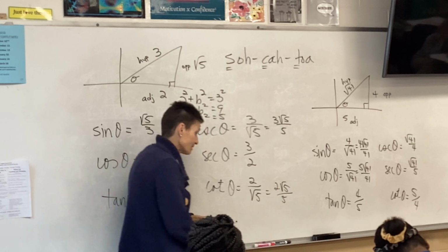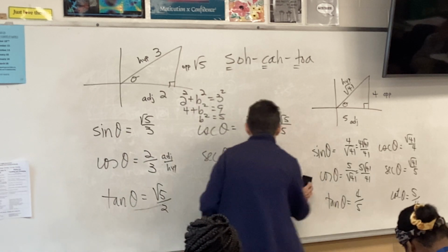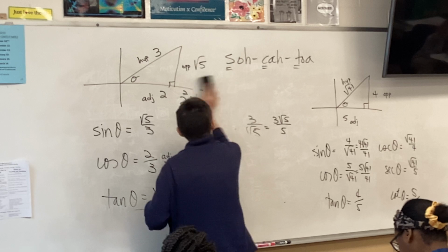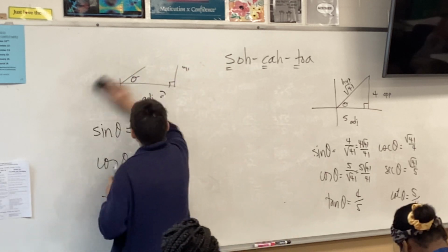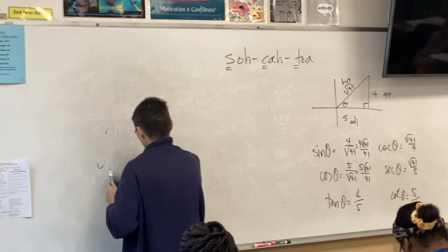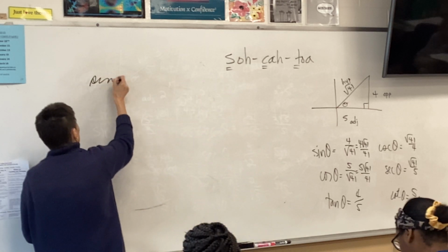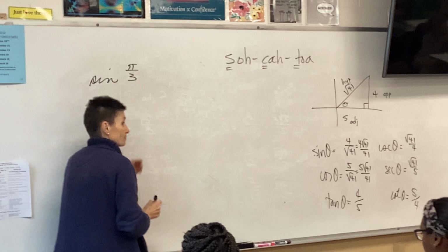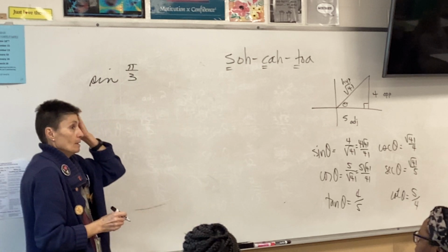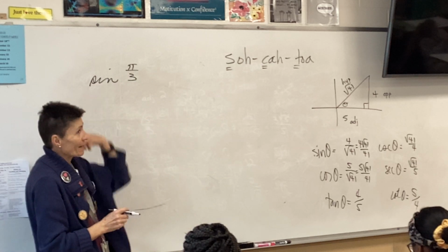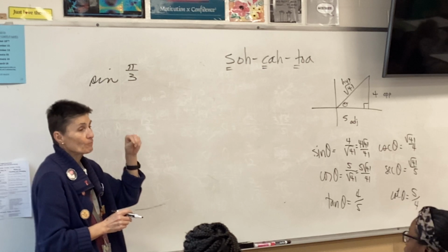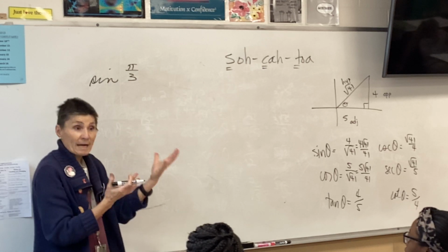Find the exact value. No calculator. We're going to find the exact value of sine pi over 3. Now, let's go back to yesterday. Pi over 3 is a radian measure.